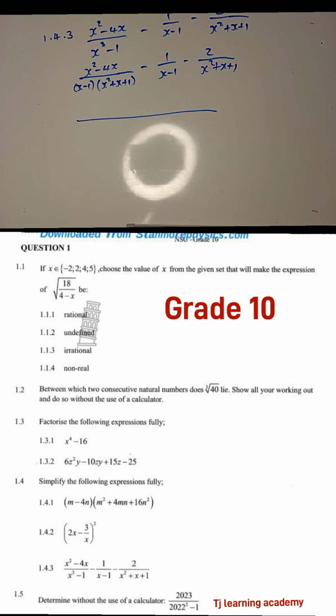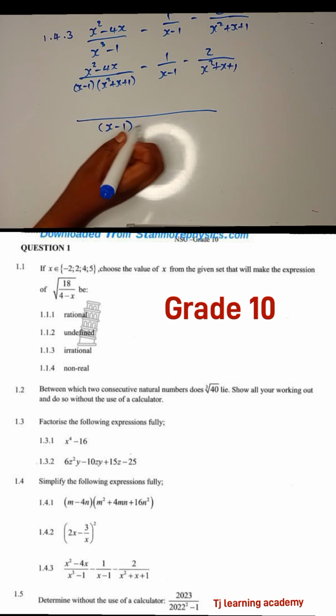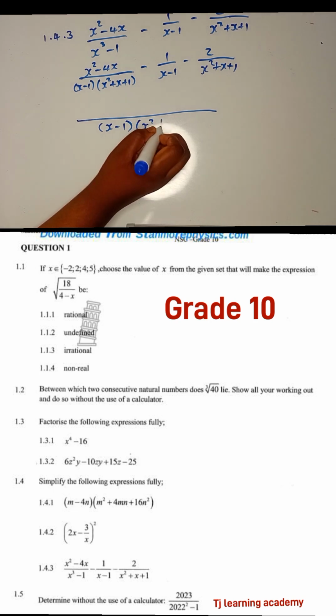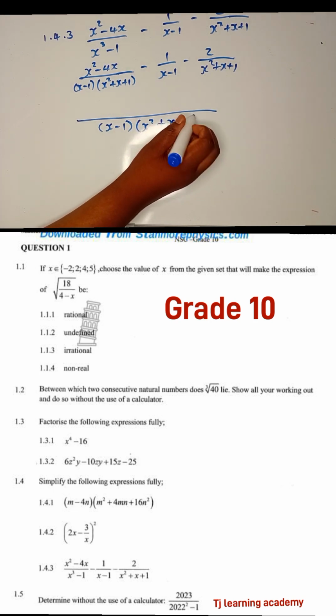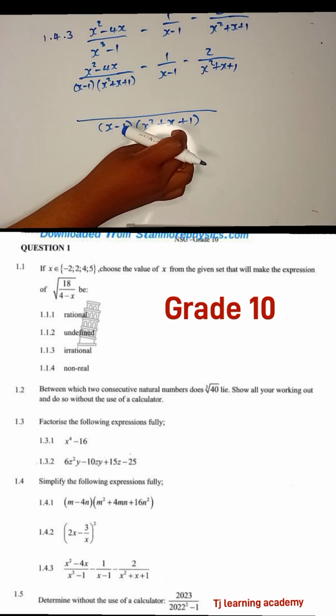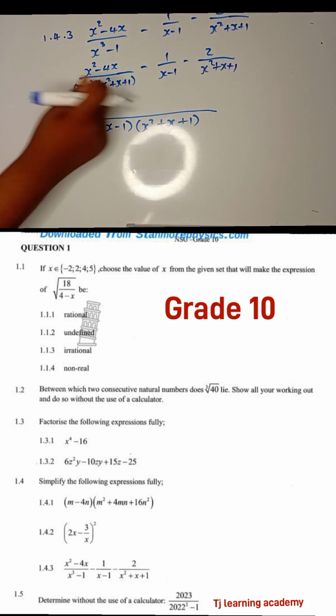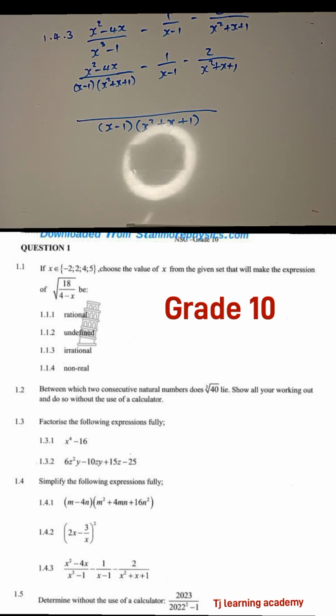But if they're not the same, we're going to take everything, right? So my LCD is going to be x minus 1, x squared plus x plus 1. I'm going to take one of this because this and this are the same.